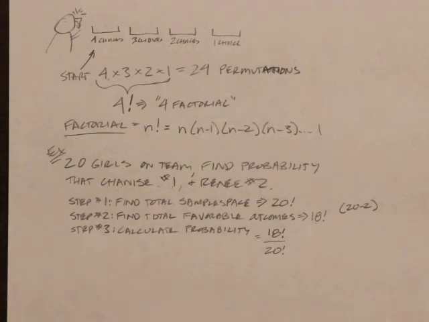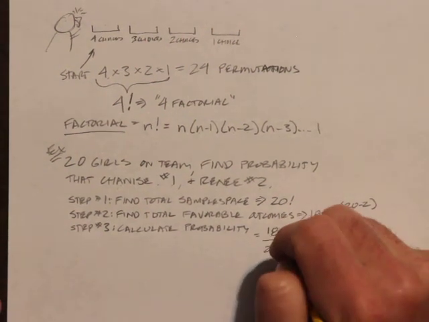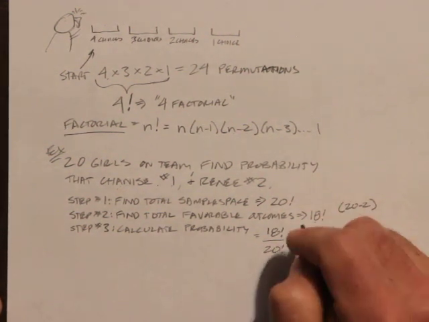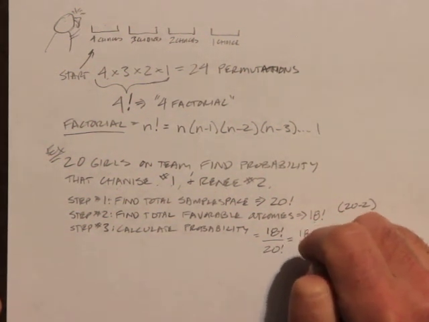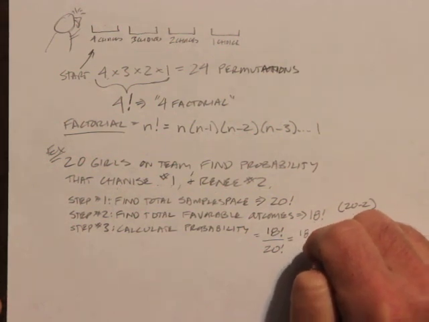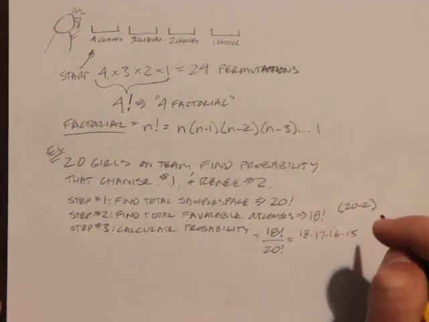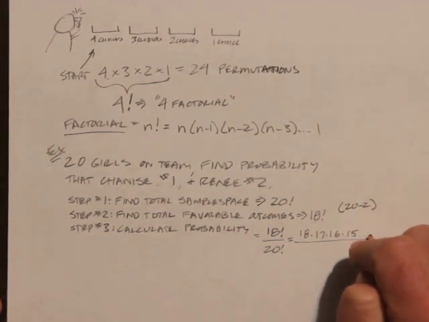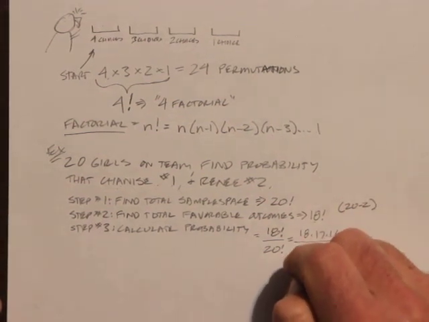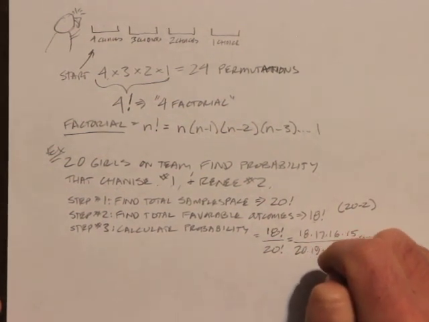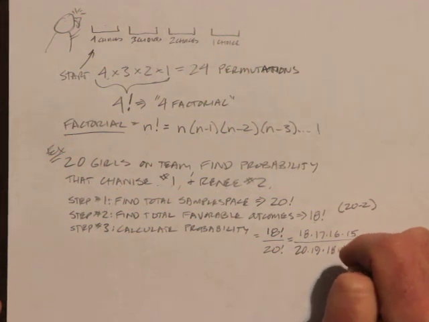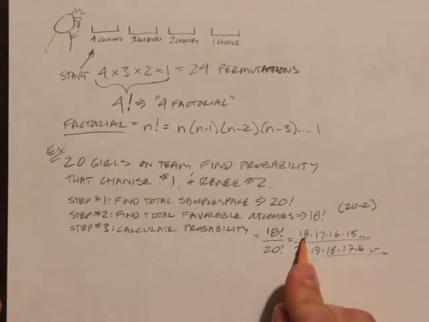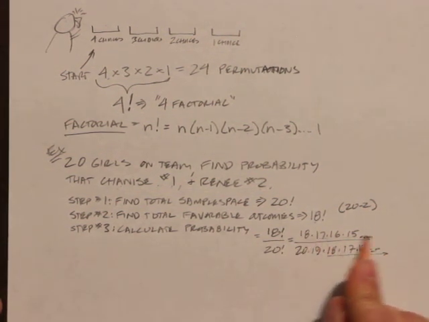All right, so let's do this the easiest way that we can. Let's start by listing off all of the numbers. So we've got 18 times 17 times 16 times 15, and we can go all the way down, over 20 times 19 times 18 times 17 times 16. Oh, wait a second. If I go from 18 all the way down, that's going to be the same as 18 on the top all the way down, right?